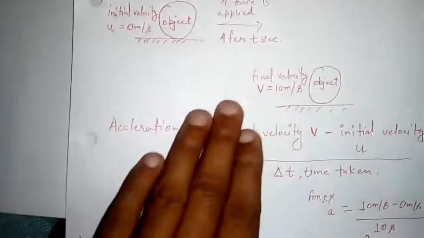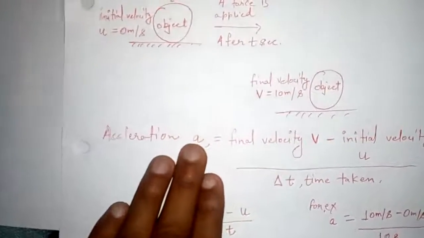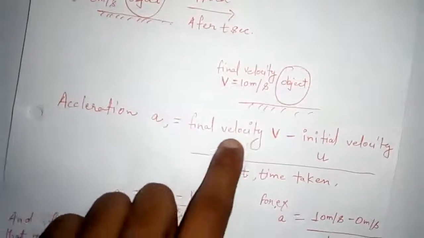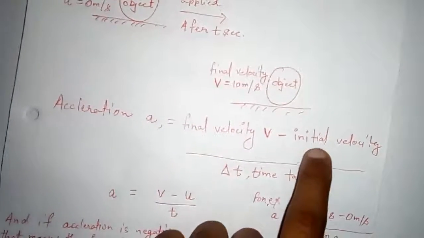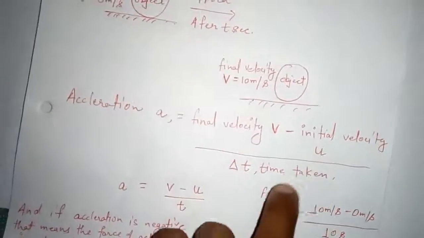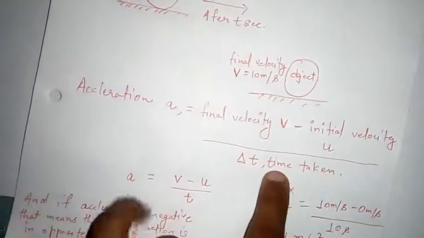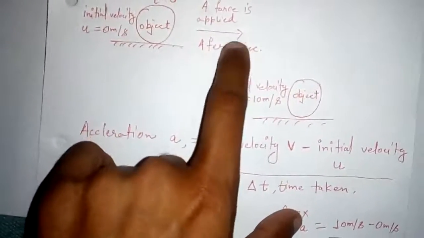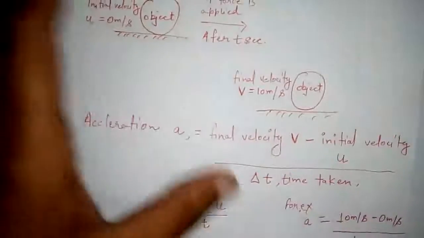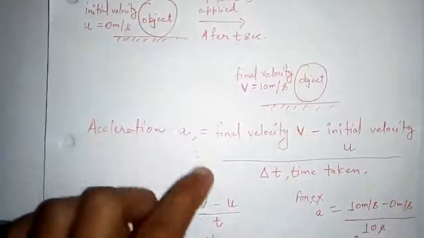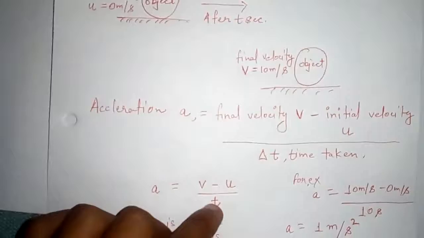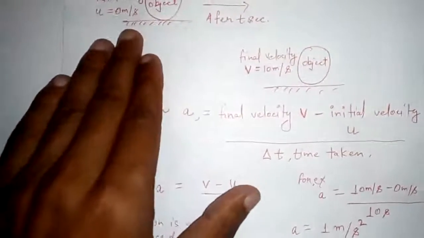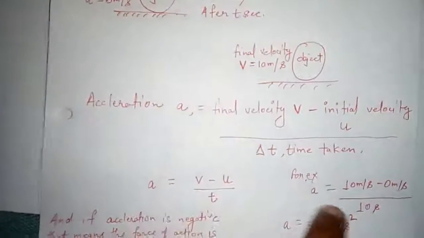So how I'll try to write acceleration is: acceleration will be equal to the final velocity minus the initial velocity, divided by the time taken by the object. Right now it is very unclear how much time it took, so just for the sake of simplicity, I will take the time taken by the object to go from 0 meters per second to 10 meters per second as 10 seconds.